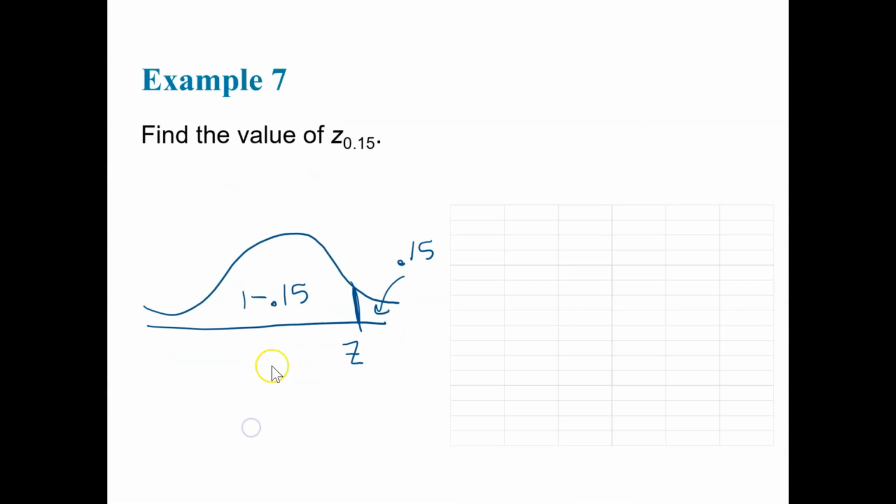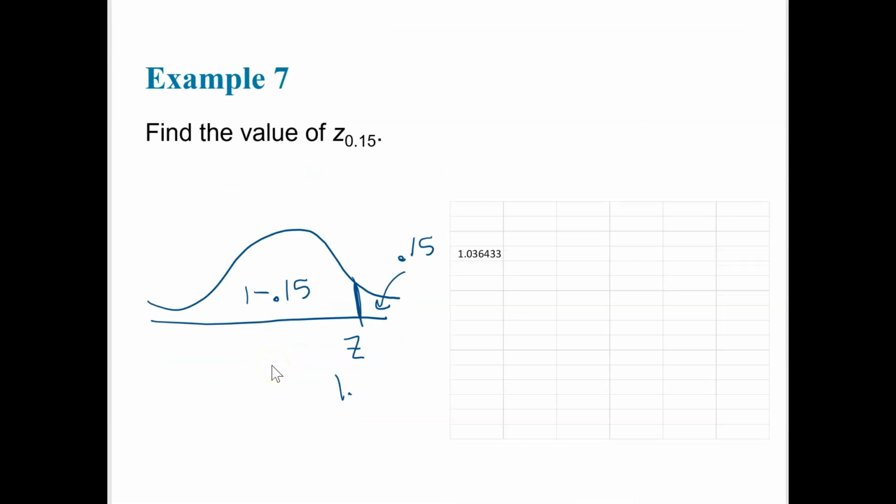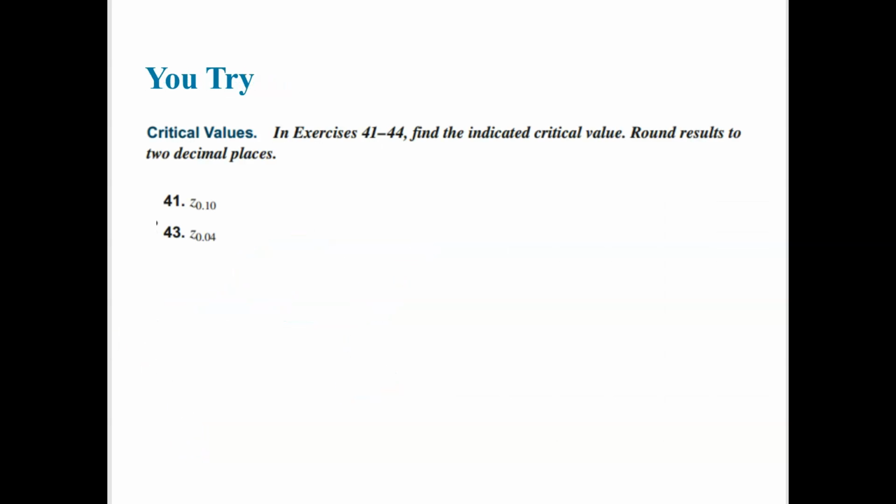And that z-score is 1.037. Actually, there we go, 1.036. We're not rounding up with that 4. Or 1.04 works as well. Give these a try. And that concludes section 6.1, part 2.